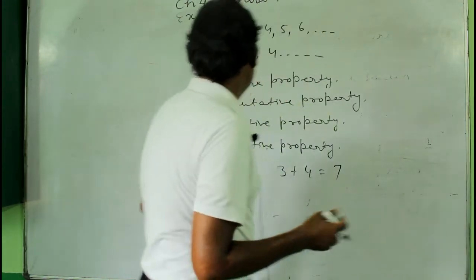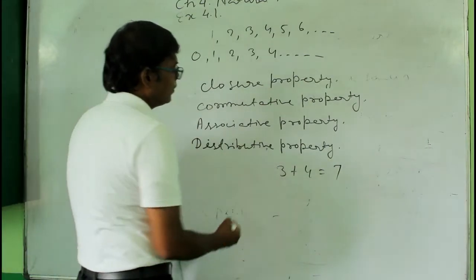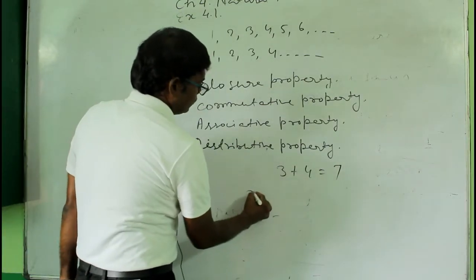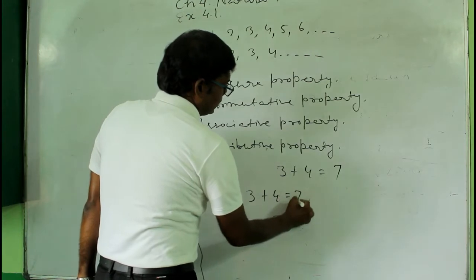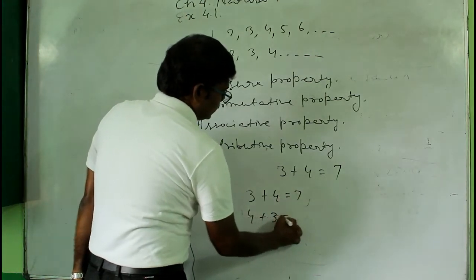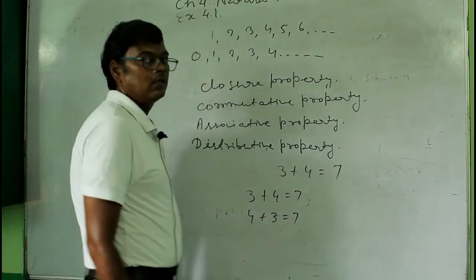Next is the commutative property. Commutative property means that it is 3 plus 4 here. Okay, 3 plus 4 equal to 7. Then 4 plus 3 is also 7. Okay, so this is called the commutative property.